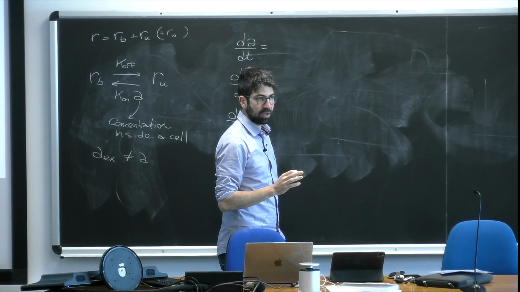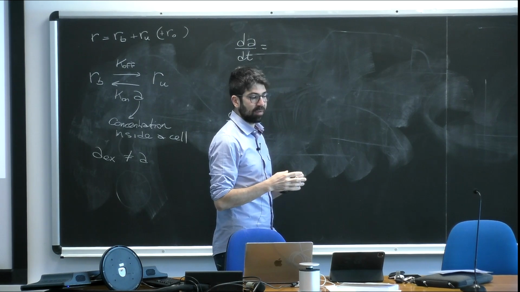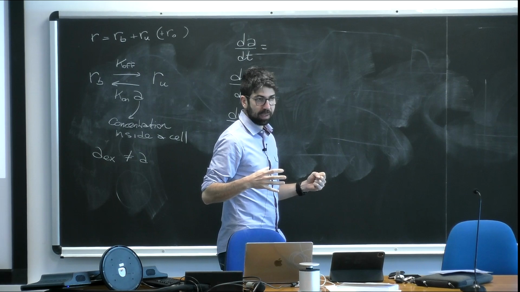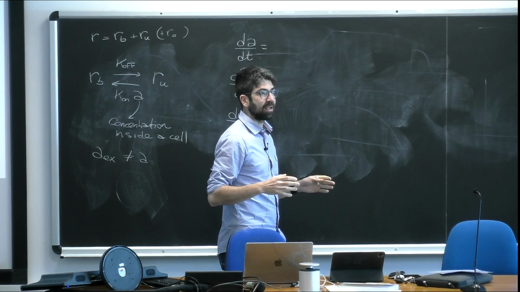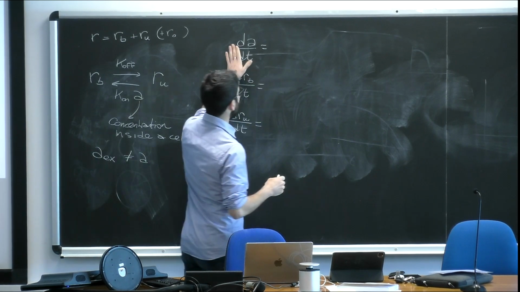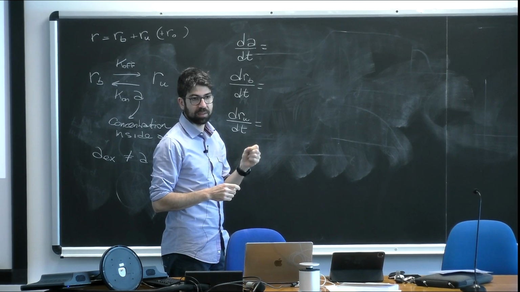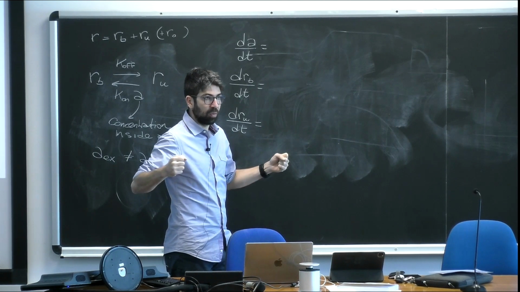Cells are growing exponentially. So in all these terms, I have a term which takes into account dilution by growth. If cells are growing and somehow I stop importing antibiotics, the concentration will decrease because the volume increases.